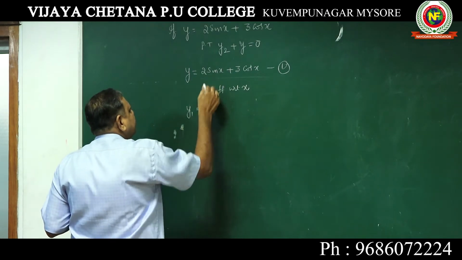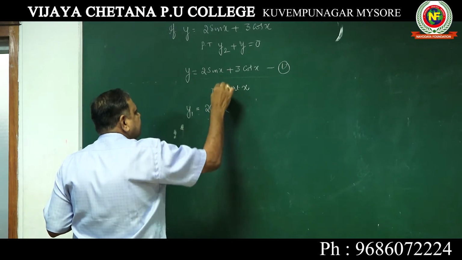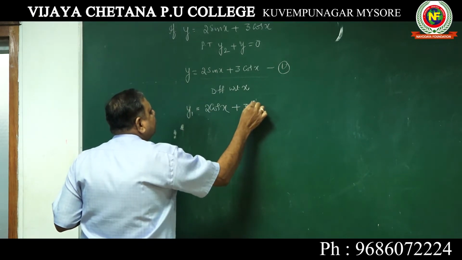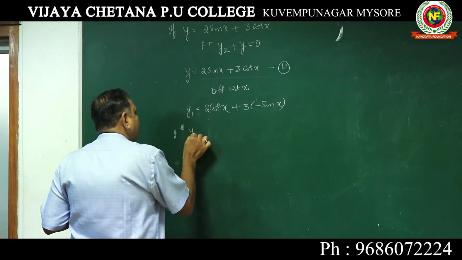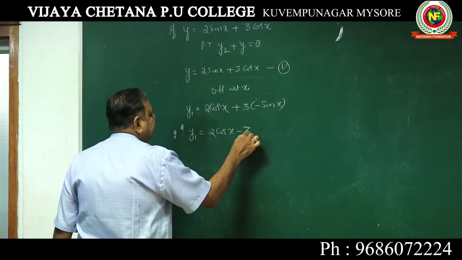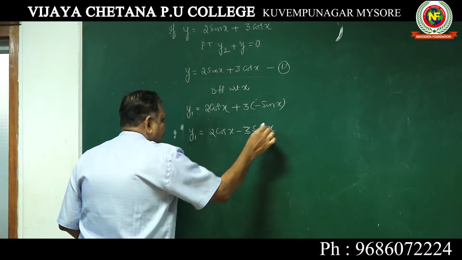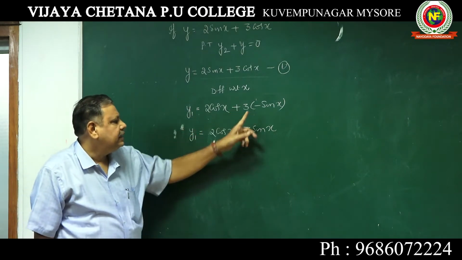When you differentiate y1, you get 2 cos x, 2 constant times the differentiation of sin x, which is cos x, plus 3 into minus sin x. So y1 is equal to 2 cos x minus 3 sin x.